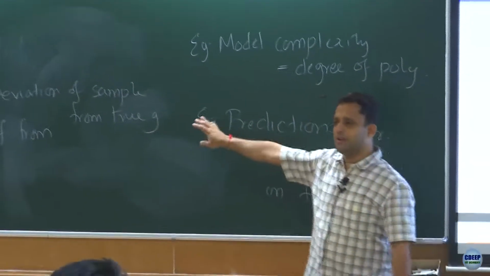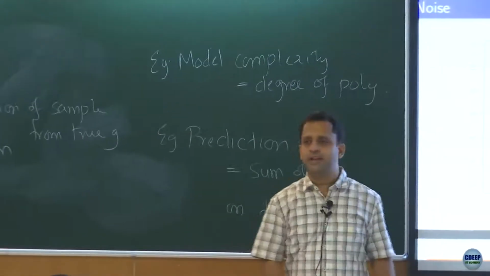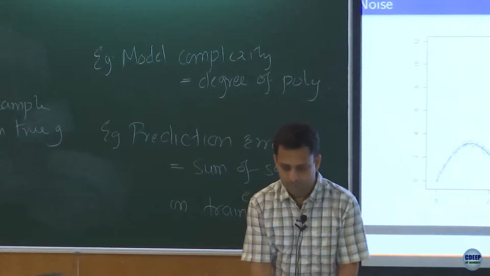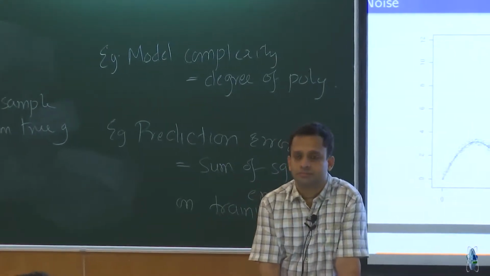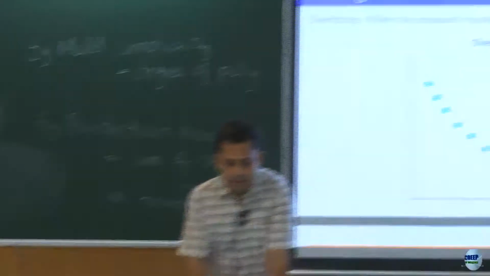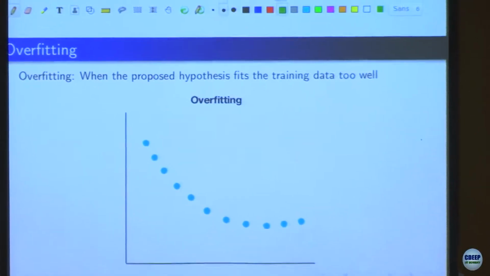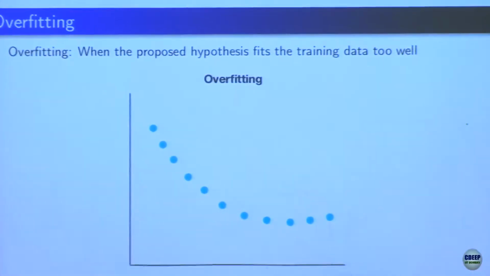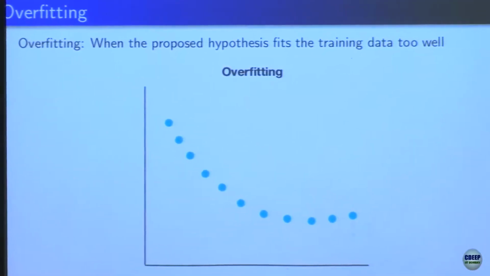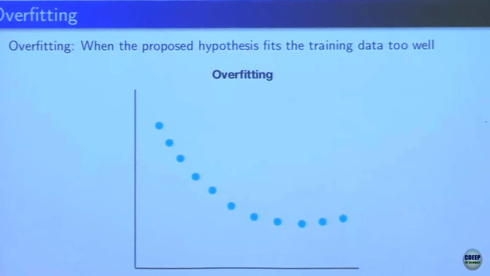So all this, whatever I'm writing on the board, is plain intuition. And what is overfitting? Let's get an intuitive understanding of pretty much everything we have discussed so far. Overfitting is when the proposed hypothesis fits the training data too well. Training data is again what?